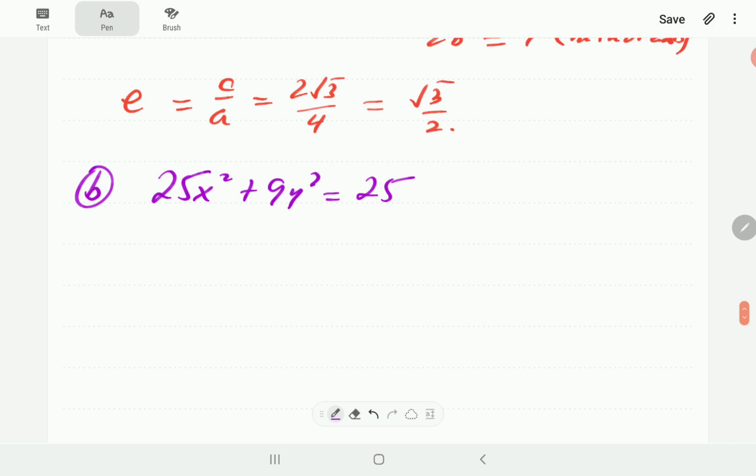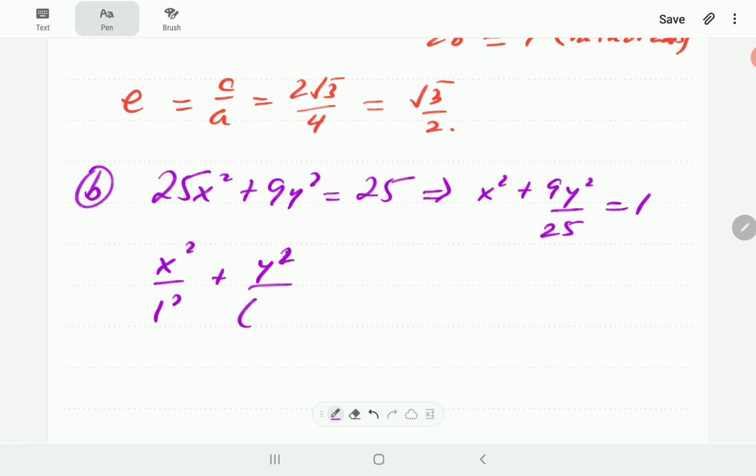First thing I want to do here is divide both sides by 25 to get this to standard form, equal to 1. So then this is x squared over 1 squared plus y squared over 25 over 9 equal to 1.